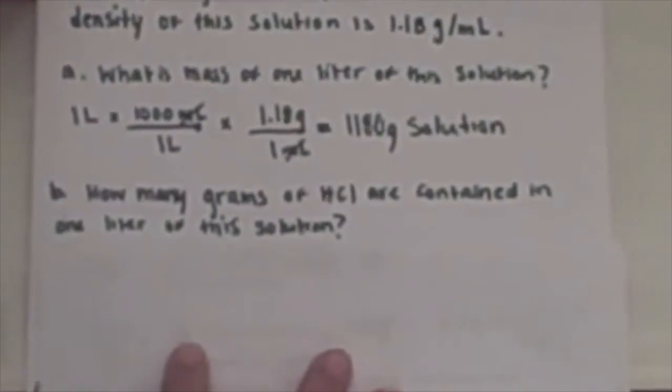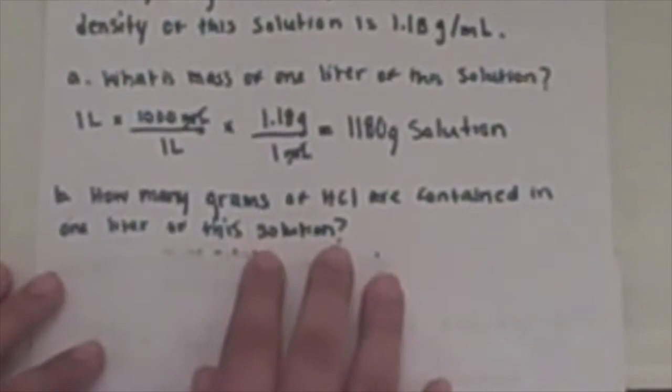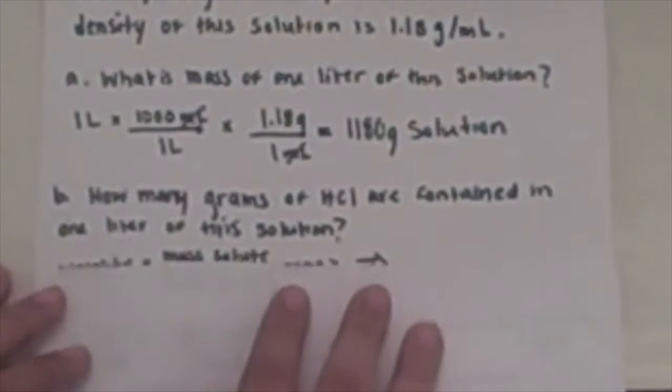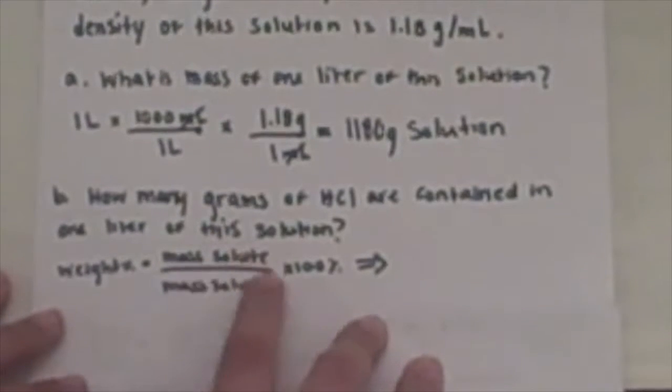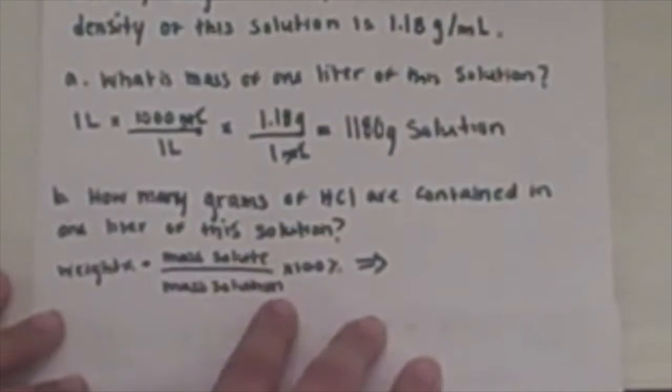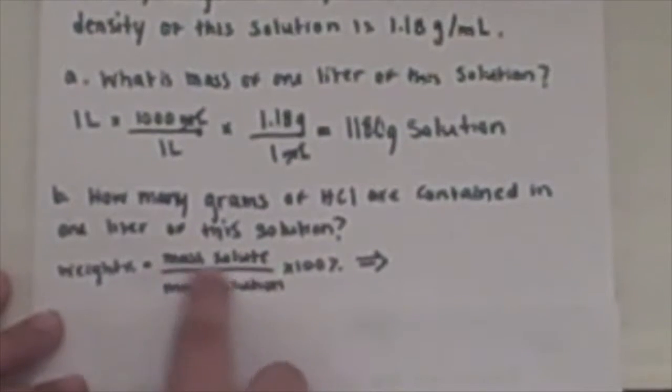The second problem is, how many grams of HCl are contained in 1 liter of this solution? Now it's asking for grams of the solute. So we are going to be using the weight percent, which is mass of solute over mass of solution times 100%. Once we multiply it by the mass of solution, which we found previously, we can easily calculate the mass of solute.